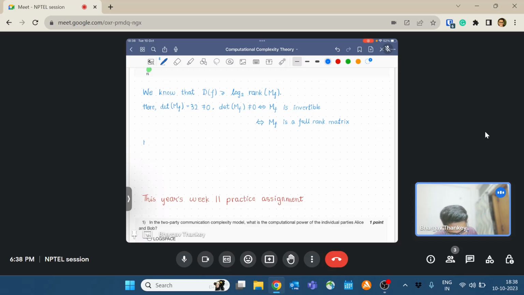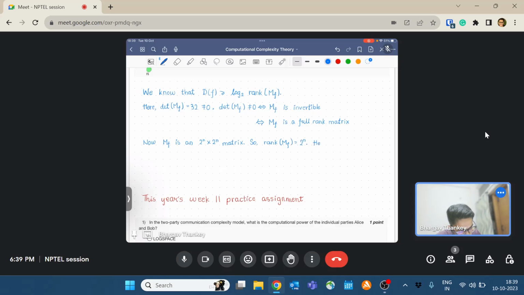Now, Mf is a 2 to the n cross 2 to the n matrix. So the rank of Mf is 2 to the n.